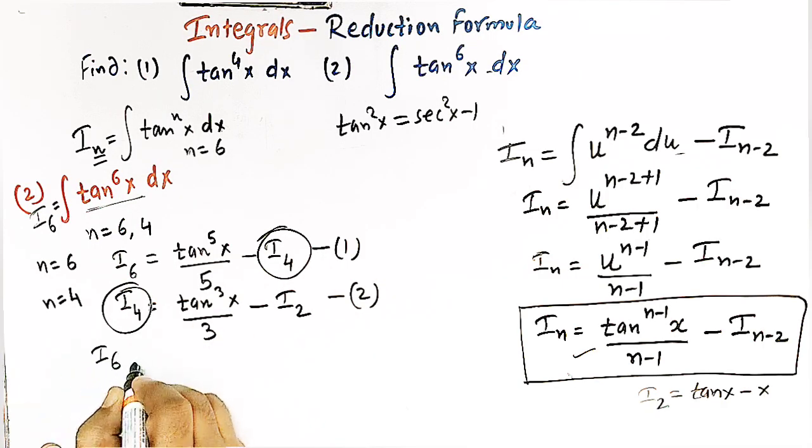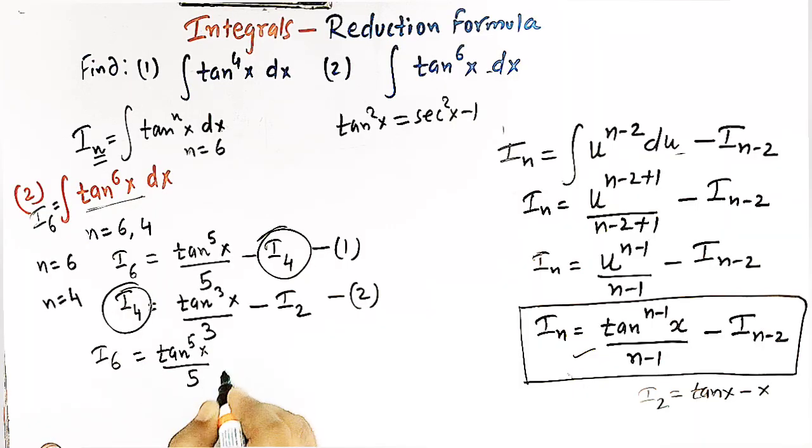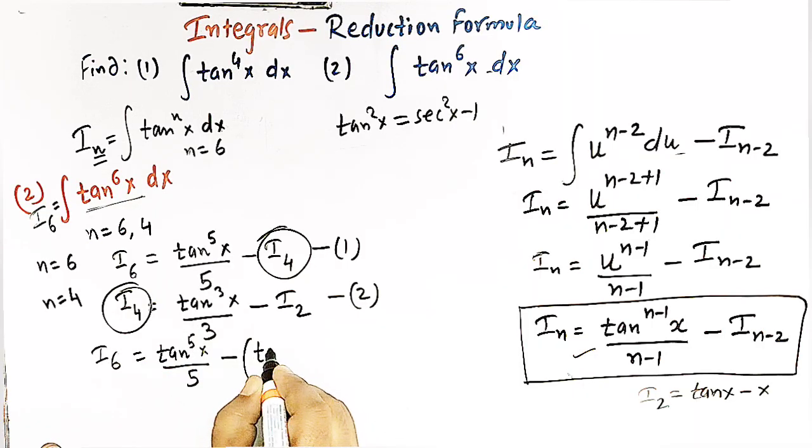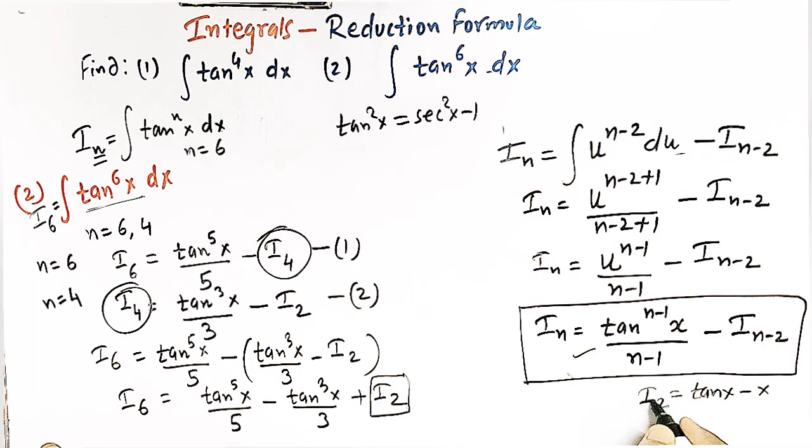So we have I6 is equal to tan 5x over 5 minus tan cube x over 3 plus I2, right? Now we have already calculated the value of I2. I2 is the integral of tan square x dx, right?